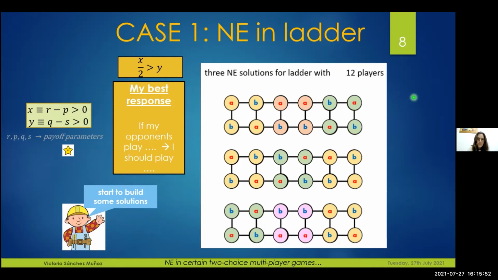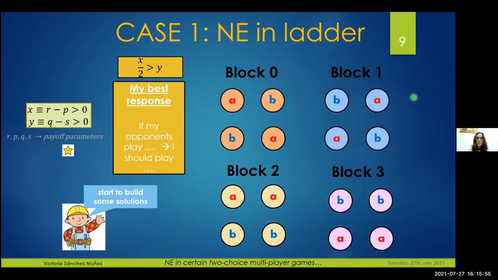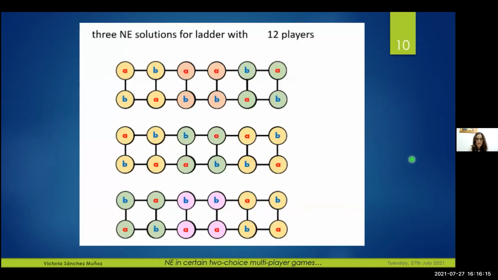Okay, so when you start playing for a bit, what you realize is that all the solutions that you can build are made of those 4 elementary partial blocks of solutions, which I just numbered as block 0, 1, 2, and 3. Okay, so what this means when you have this with blocks is that this is the picture that I just showed you with the solutions with 12 players, but with our numbering of blocks, we can actually identify each solution by a sequence of numbers depending on the block that you're using.